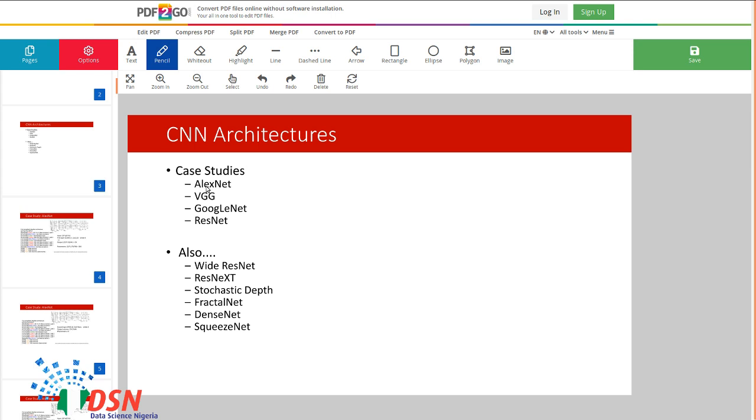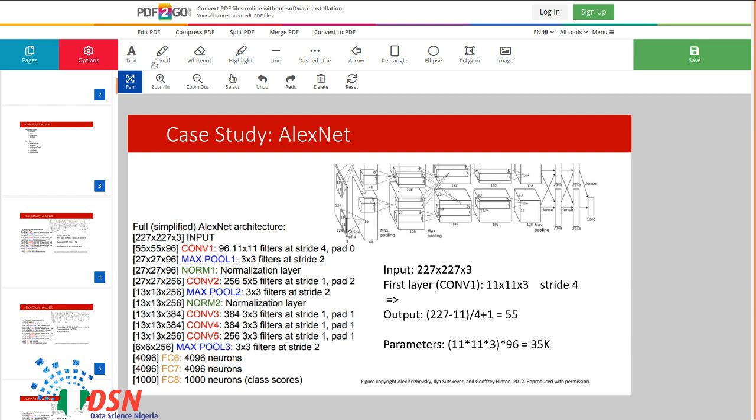So we will talk about AlexNet, VGG, GoogleNet, ResNet, and also we will see some of the ideas of these nets, but our main focus is on these networks and how we could use them in our tasks. Okay, so the first network that we want to talk about is AlexNet.